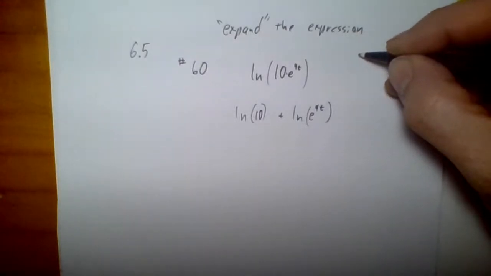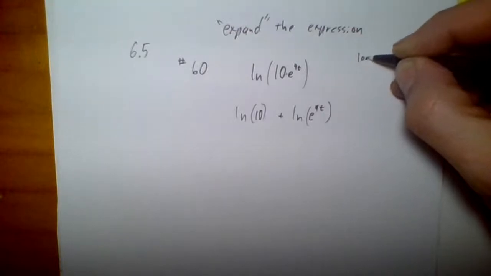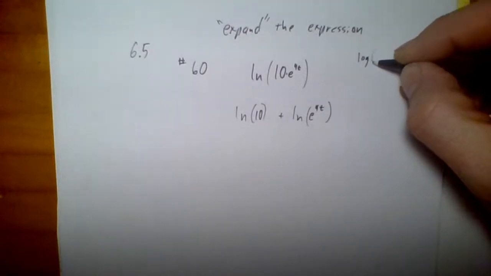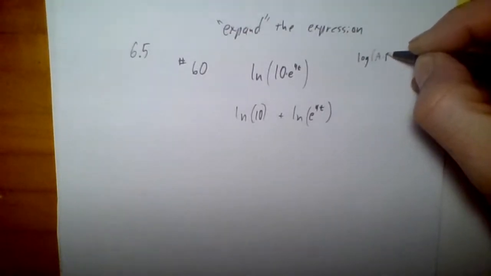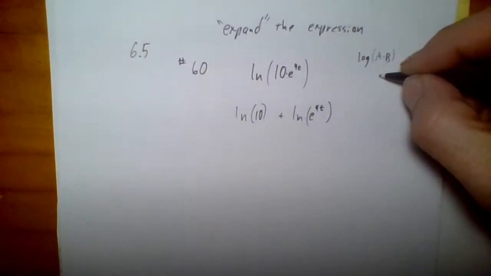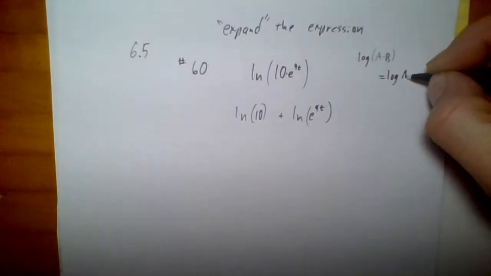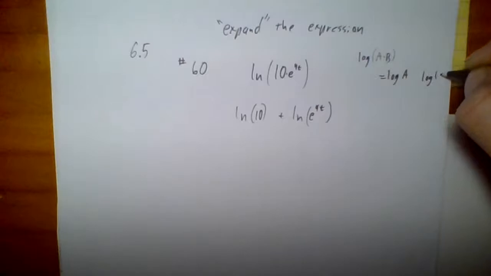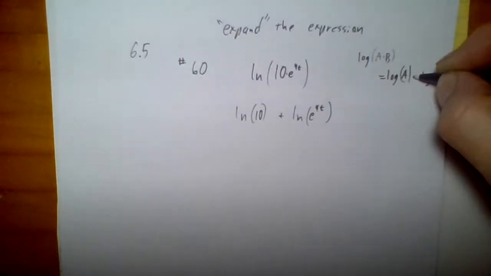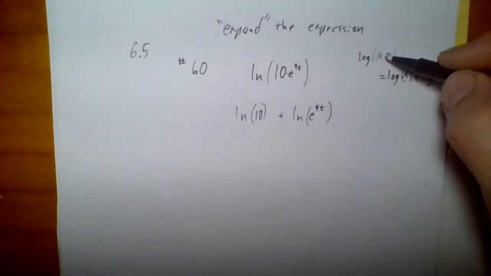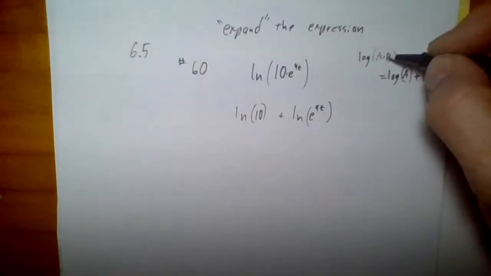This is the property that says for any kind of logarithm, if you have multiplication in there, it can be rewritten separately. It's the log of A and the log of B, but you're adding them. So multiplication inside the log turns into addition out here.